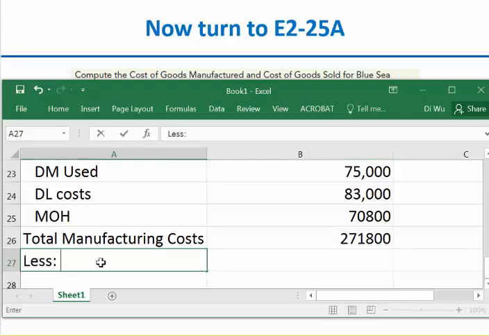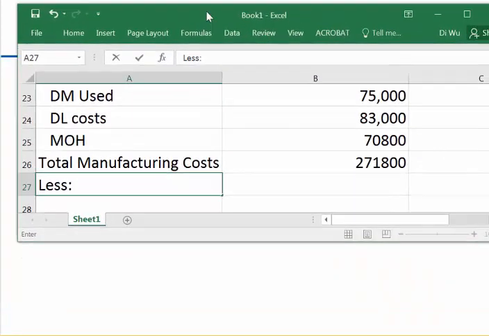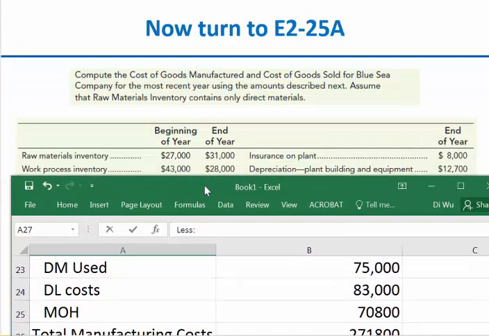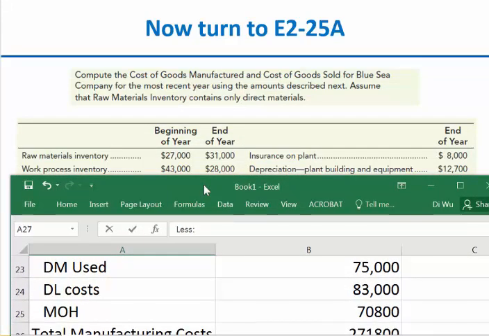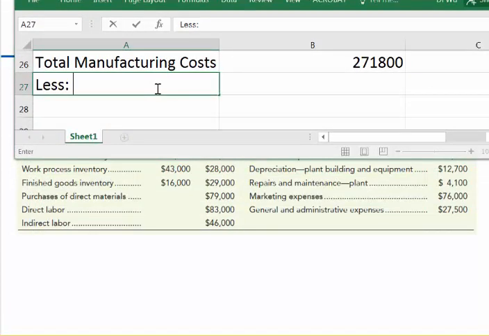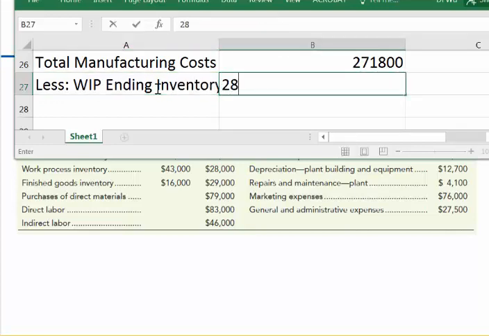Next I need to go back to the information page. We have to find out the ending inventory balance for WIP, because if you have the ending inventory balance for work in process, you can do the subtraction to find out the cost carried by the finished and transferred products. The WIP ending inventory, in this case, is 28,000.